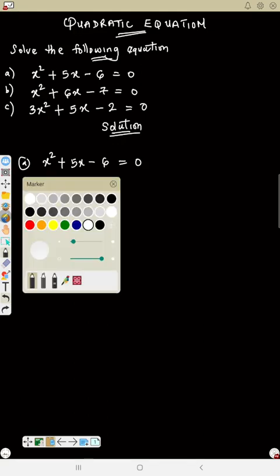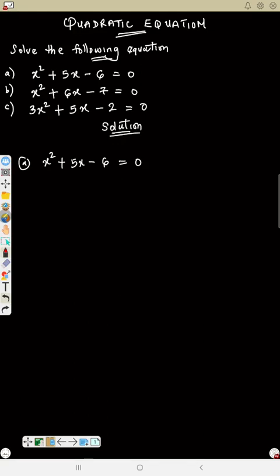But you have to remember your signs. Minus times minus is equals to plus, plus times minus is equals to minus, plus times plus is equals to plus, so minus times plus equals to minus.